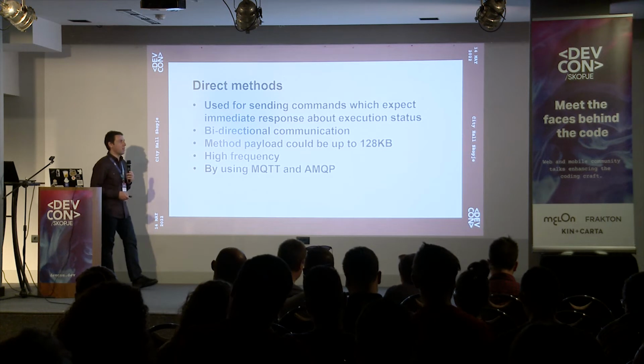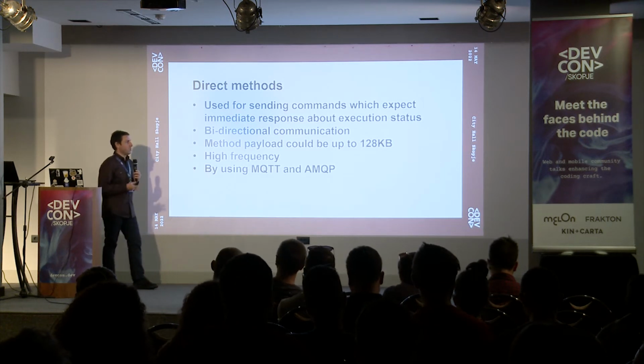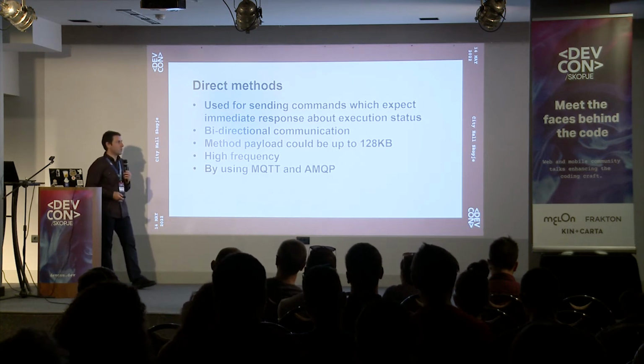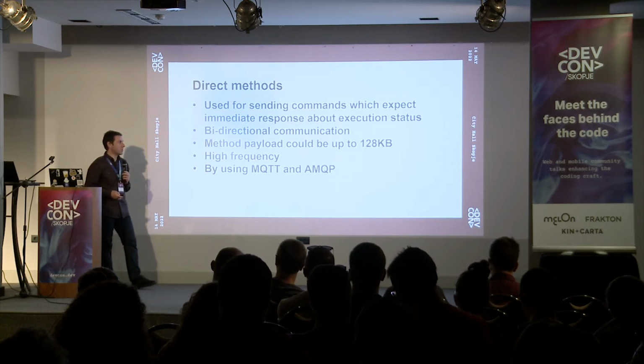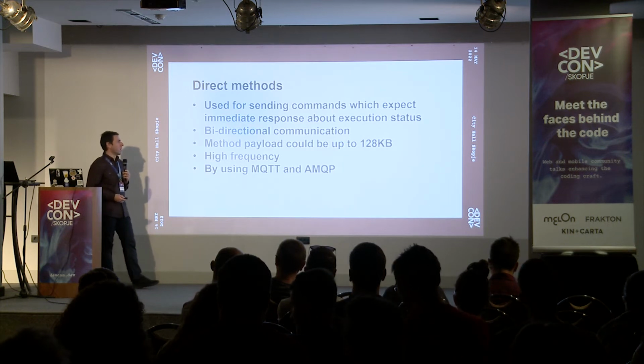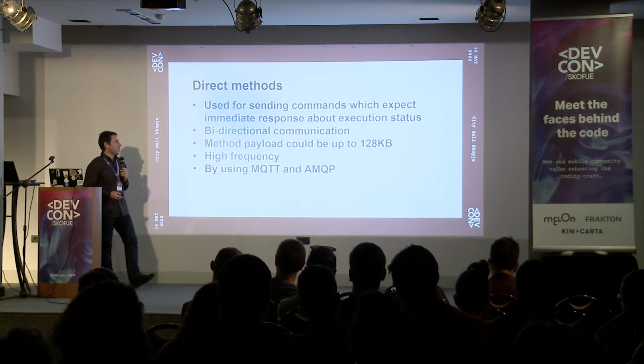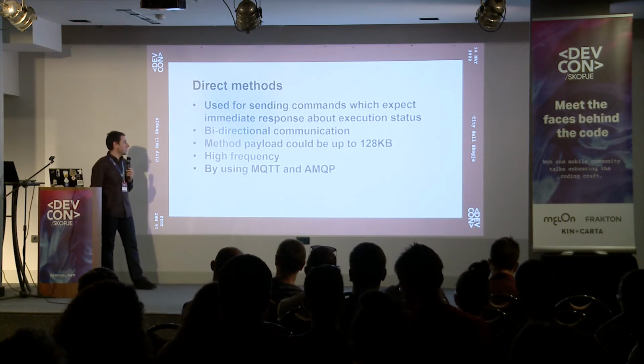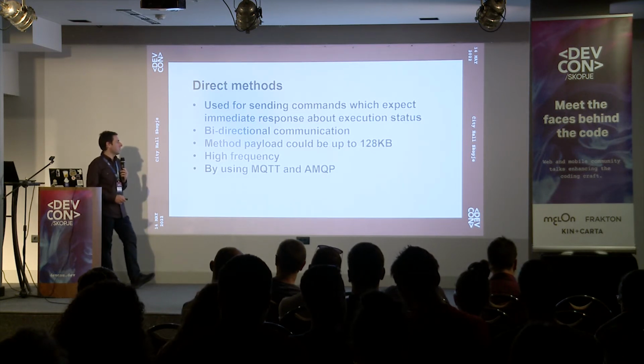I will show you later in the demo, but it is configurable. It could be more than 30 seconds. It's not something that must be done immediately, but we must return some status. The payload is 138 kilobytes and could be used with high frequency.